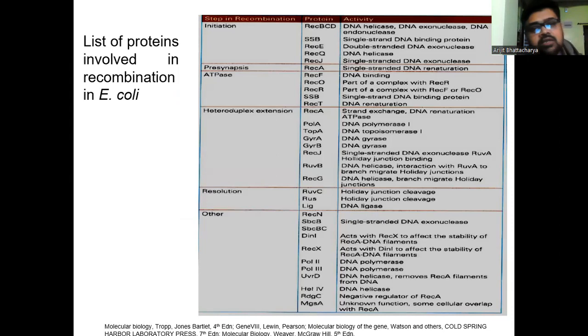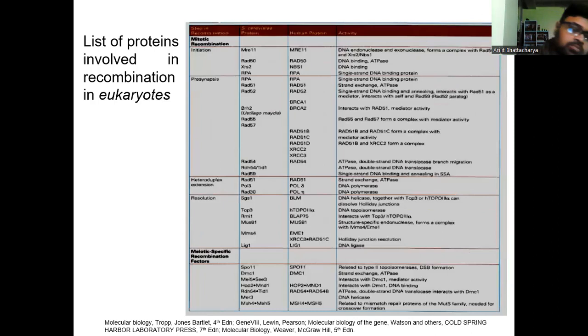You can see there are different components involved in initiation, presynapsis, then there are specific ATPases, then some proteins like topoisomerases as well as helicases that can directly allow the heteroduplex extension or branch migration. Then there are some endonucleases like RuvC, and also a group of other proteins which can mediate some auxiliary actions during this whole process. So a number of proteins are involved in the recombination process in bacteria.